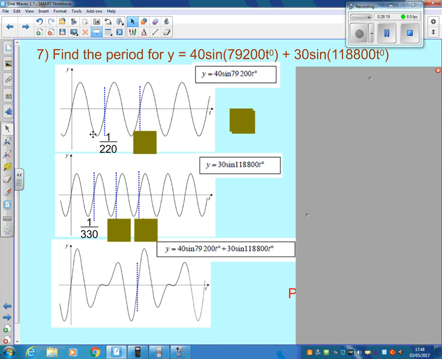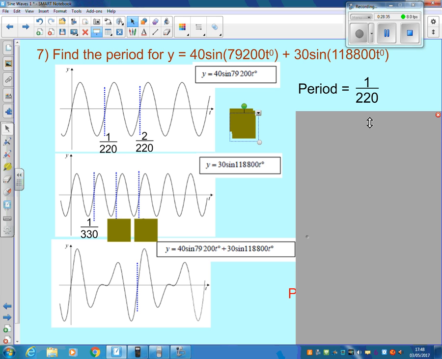So if that time to there is 1 over 220, to get to there is 2 over 220. And if I wanted to go on to the next one, it would be 3 over 220, and so on. So the period's 1 over 220. To get to the next one is 2 over 220, and so on.